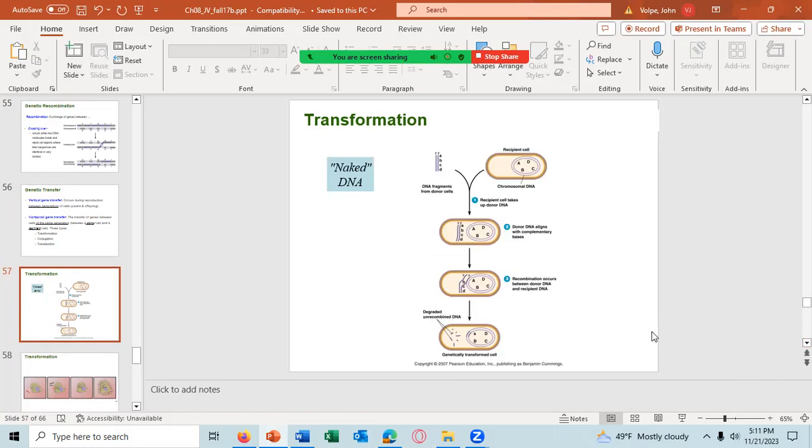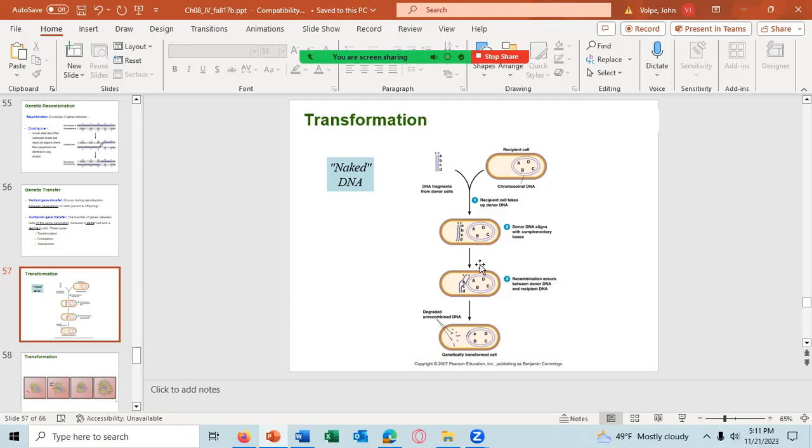A transformation is where DNA comes out of a cell and then it exists as naked DNA in the environment. Usually the cell that it comes out of dies, but that's not always the case. And then DNA is taken up by a recipient cell. And you don't need to know, but the DNA taken up has to recombine with the chromosome.